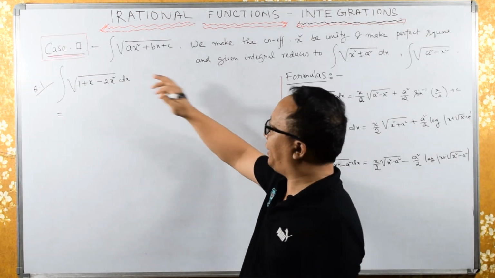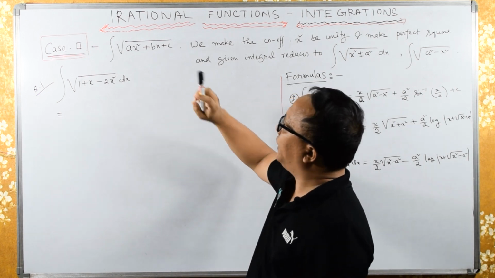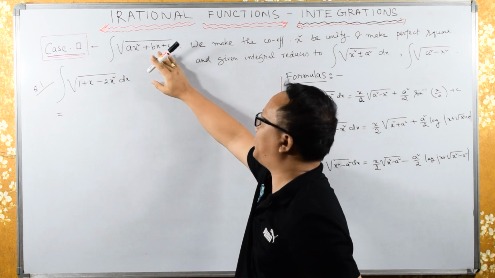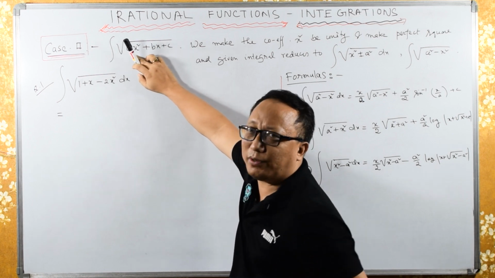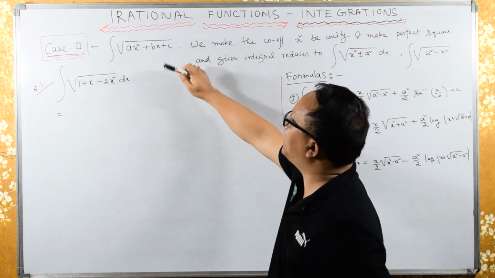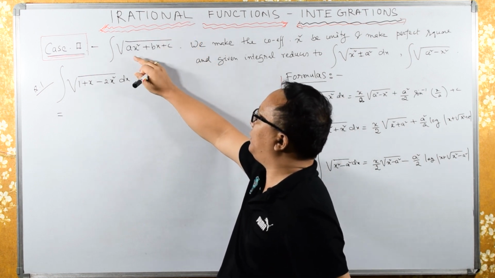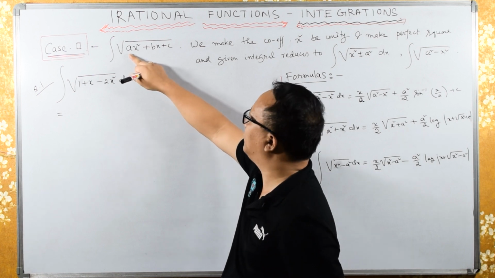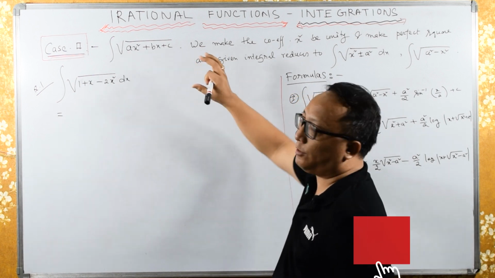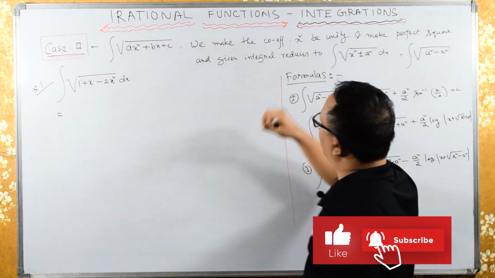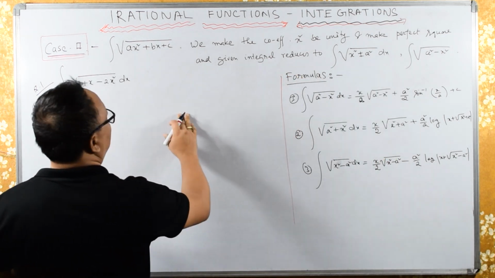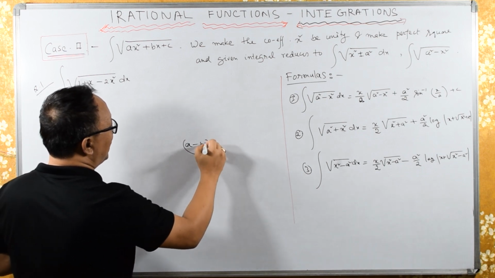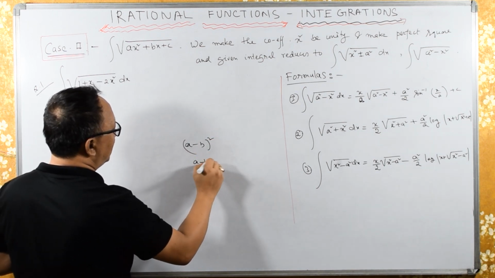Now let's consider case 2. Here case 2 is an integral of the form square root of ax square plus bx plus c, where a is not equal to 0. In this integral what we do is we have to make the coefficient of x square 1, and then reduce it into a perfect square of the form a minus b the whole square or a plus b the whole square.